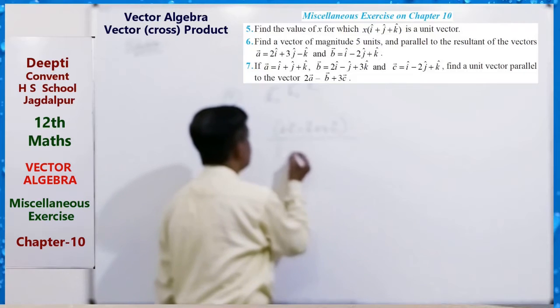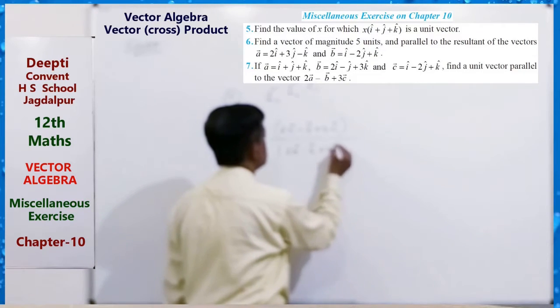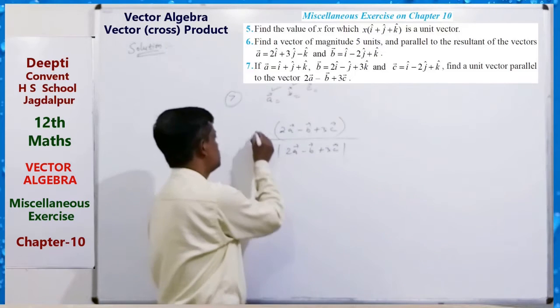The unit vector is this vector upon the modulus of 2A bar minus B plus 3C bar, and a plus or minus sign is there.